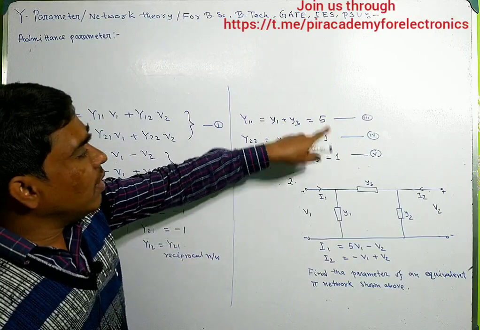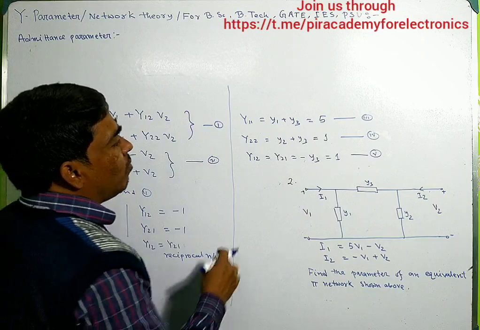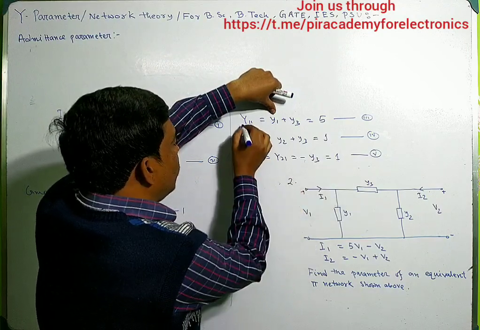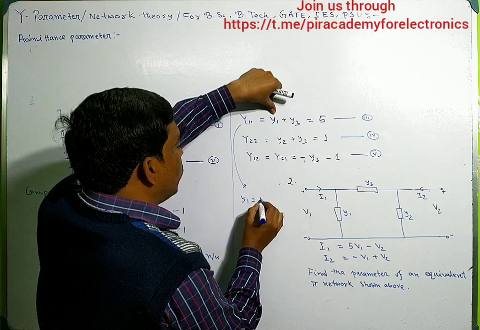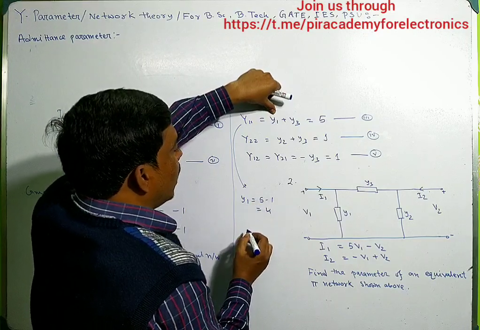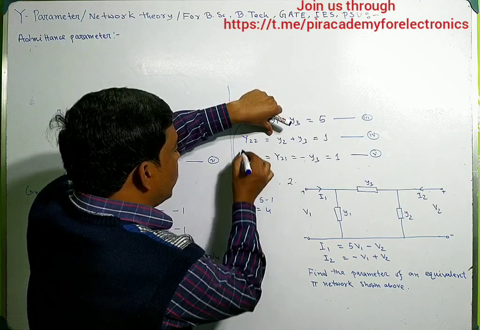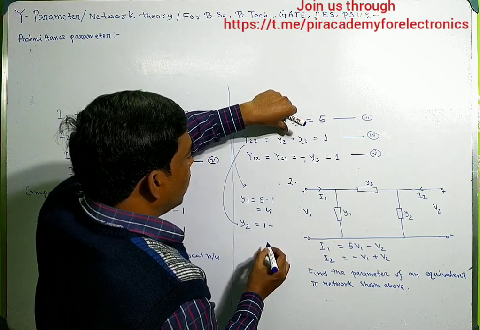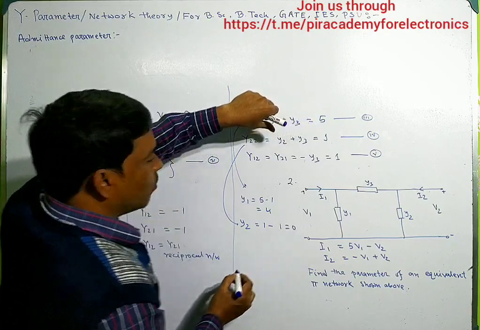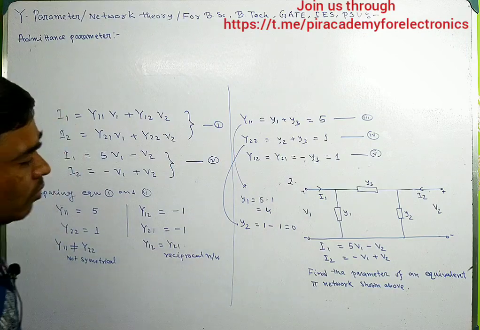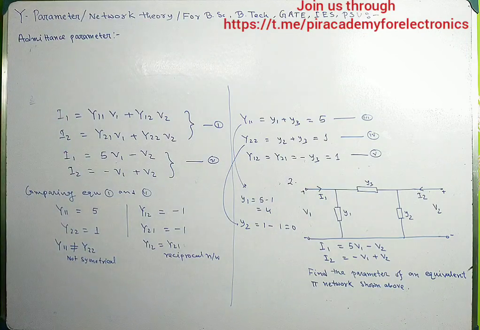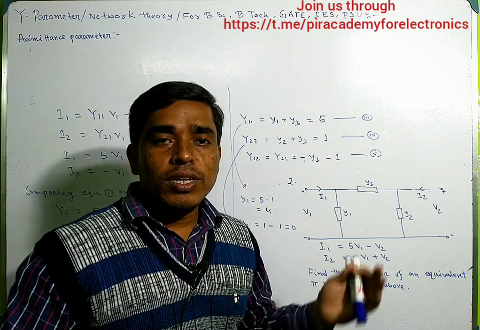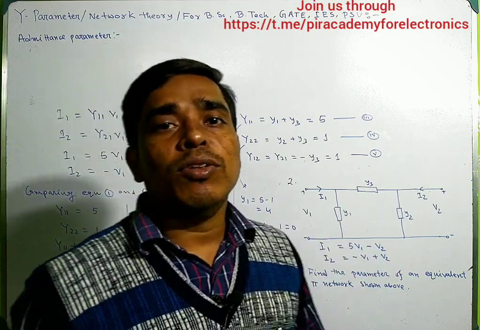So using these three equations, we can solve that y3 is 1. From this equation y1 is equal to 5 minus 1 equals 4, and y2 is equal to 1 minus 1, which is 0, and y3 is also 1. So y1 is 4, y2 is 0 and y3 is 1. So this is problem 2. In this way you can solve this type of problem using y parameter.